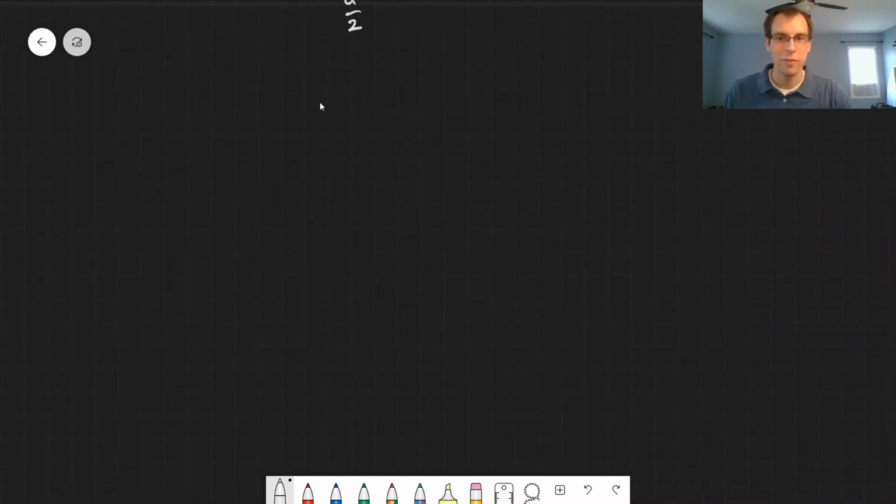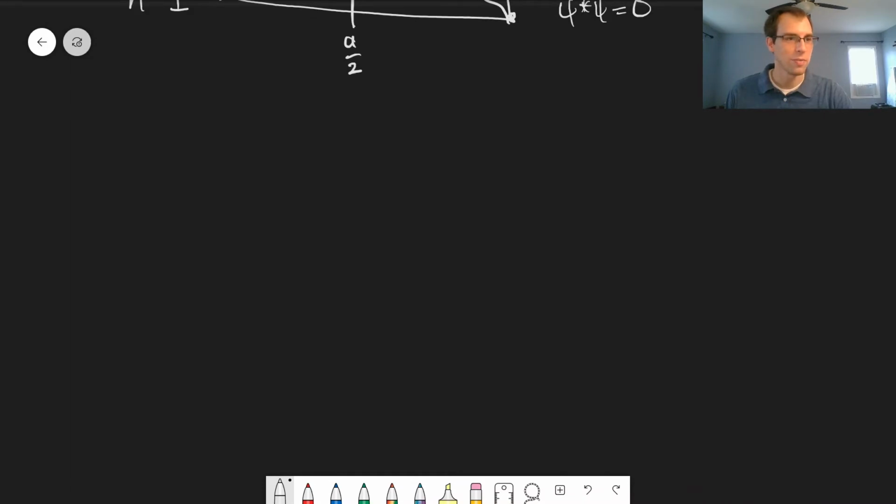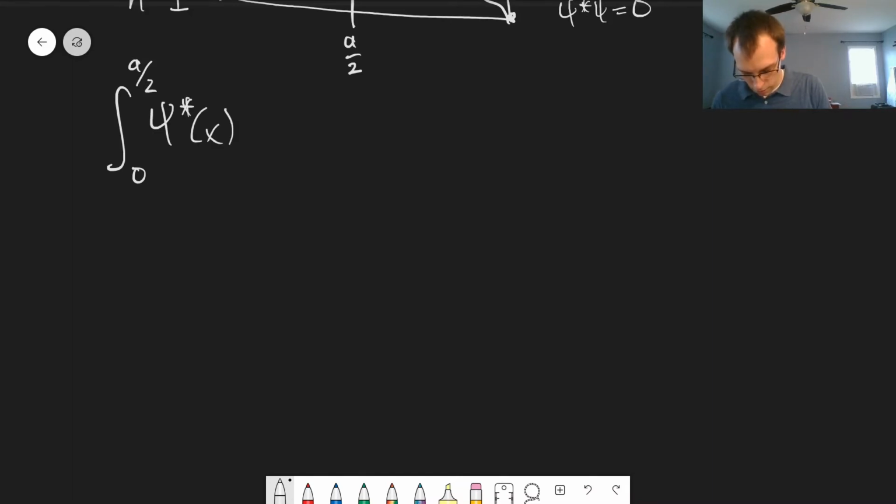Okay, so to solve that question, what we need to do is solve this integral. So integrate from 0 to a over 2, right? That's our left-hand side of the box of the probability distribution, which is the square of the wave function.